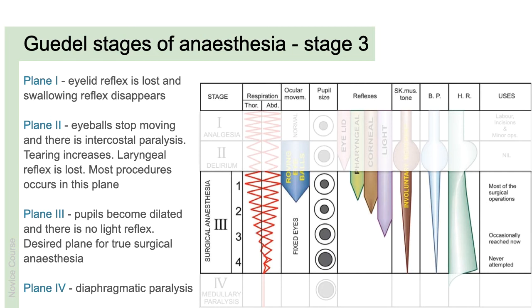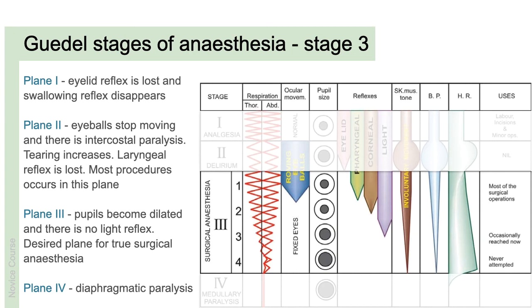Their tone is decreased. Their blood pressure is now dangerously low, and they have a dangerously elevated heart rate. This is the stage just before stage 4, which I'm not going to talk about, but which you can see grayed out there, called medullary paralysis, which represents a state of multi-organ failure and imminent death.